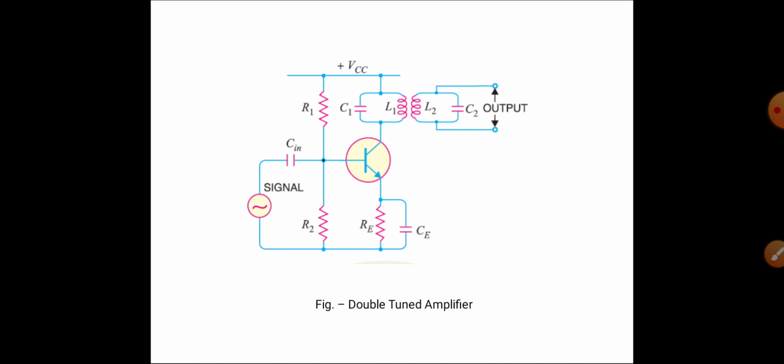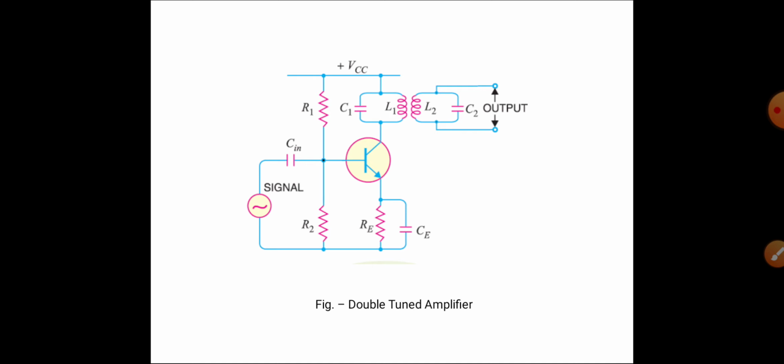When two inductors are placed together with a very small space between them, then it offers a mutual inductance in addition to its reactance. We will see this in another lecture.